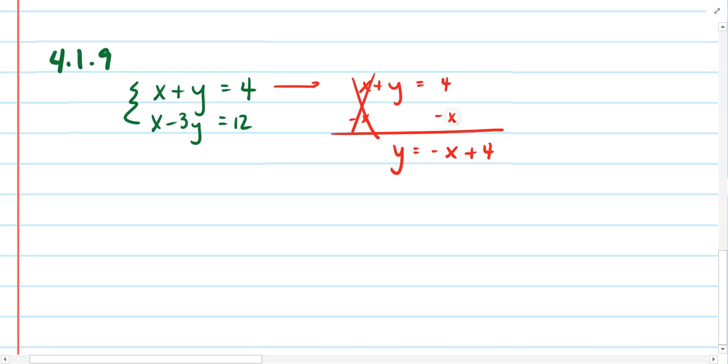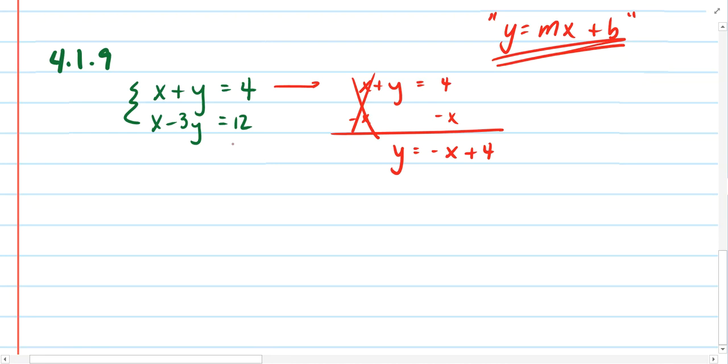I'm writing that result this way instead of 4 minus x, so that the graph looks more like our slope-intercept form of y equals mx plus b. Our slope-intercept form of an equation looks like this, with y equals a number times x plus b. So the slope of our line is negative 1, and the y-intercept of this line is positive 4.